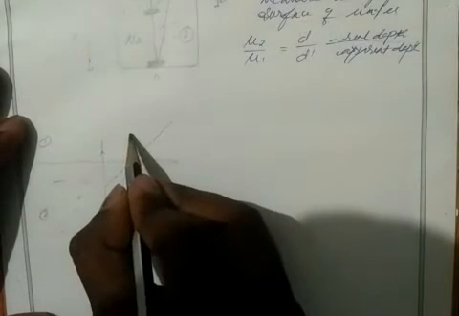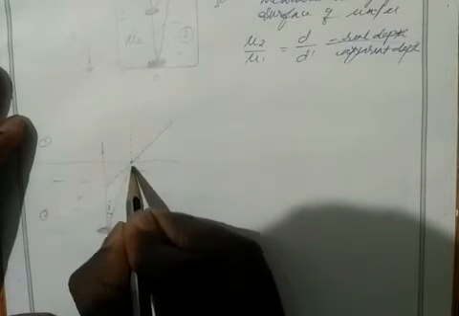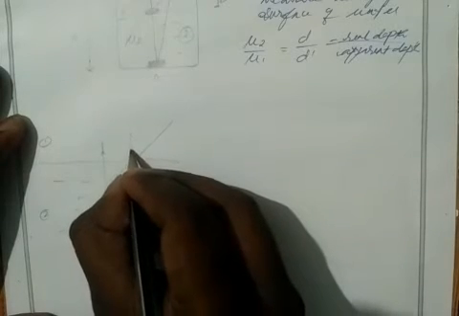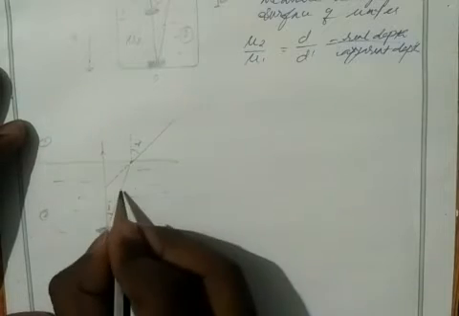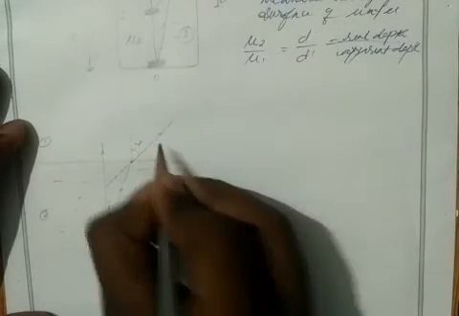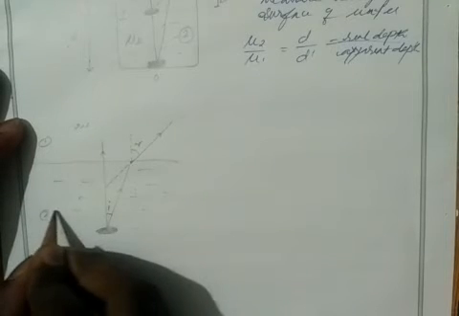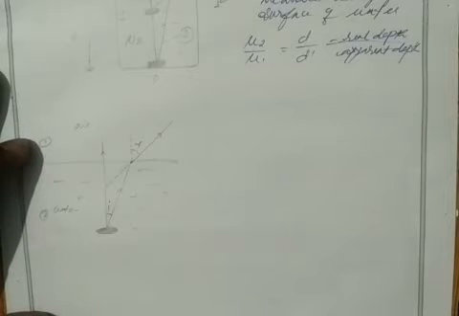If you draw a normal here, then this angle is known as the angle of refraction. So this is air and here we have the denser medium, water.